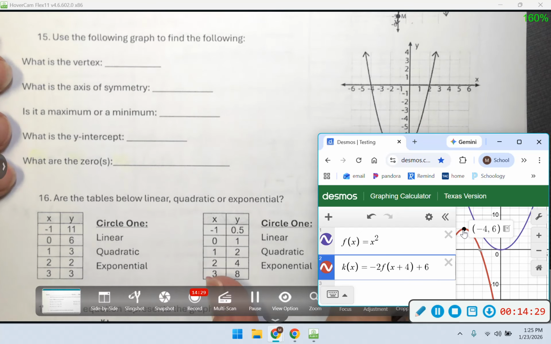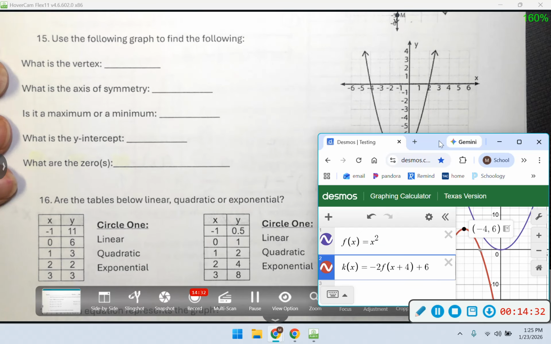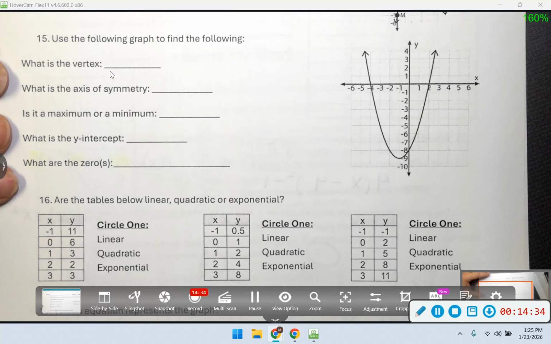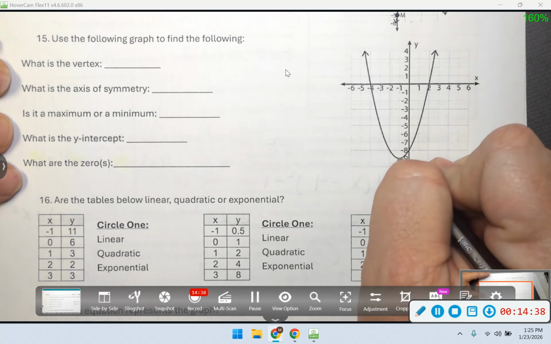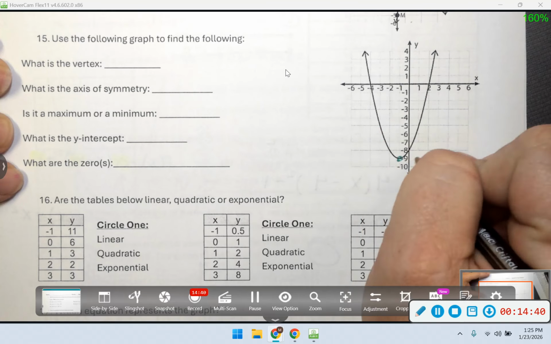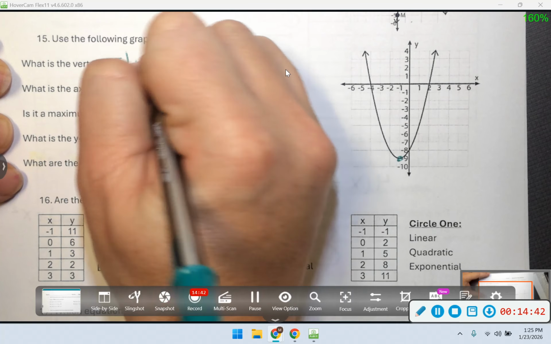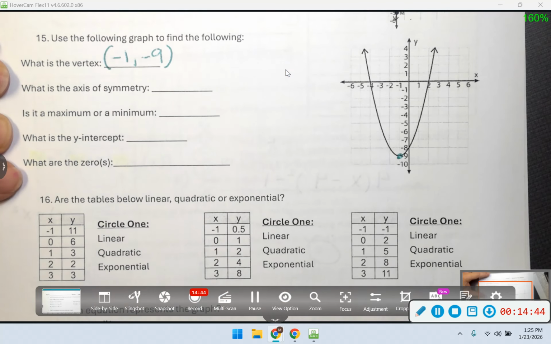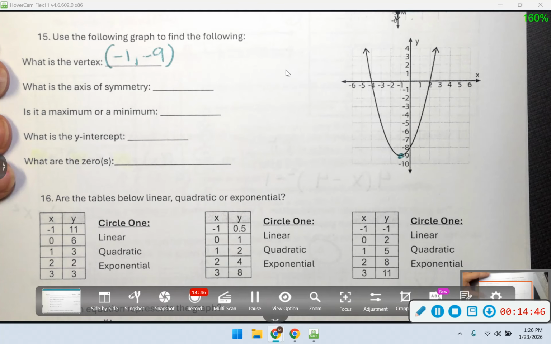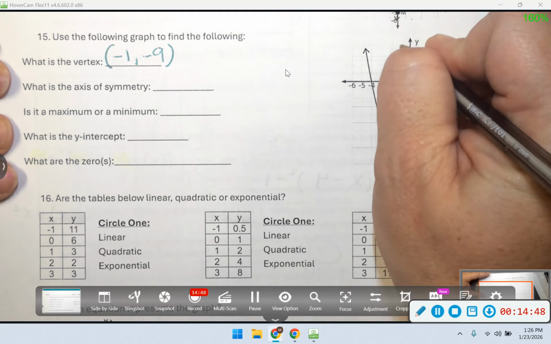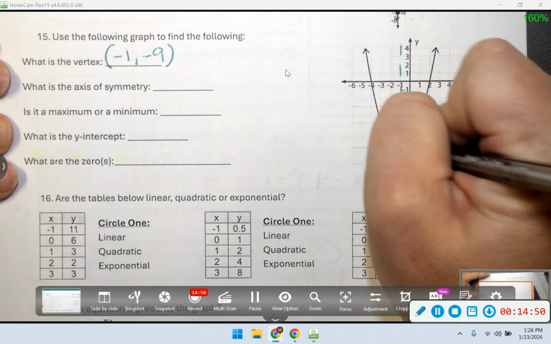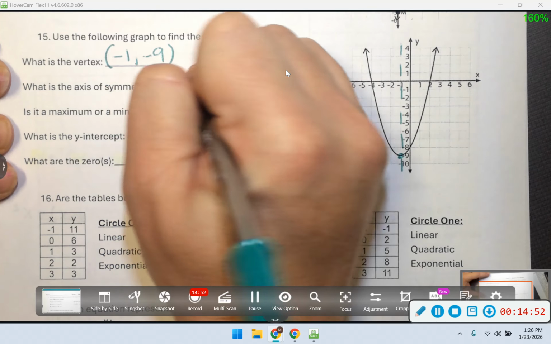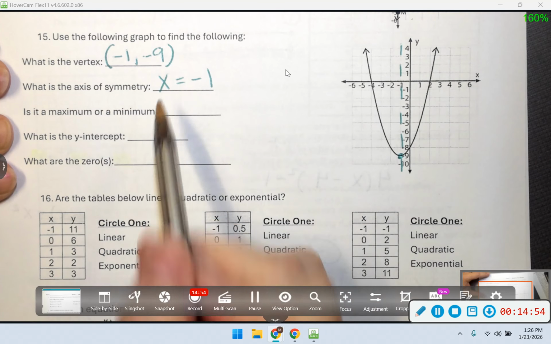Okay, 15 says use the following graph to find the following. So my vertex is going to be the point negative 1, negative 9. And do write it properly, parentheses, comma in the middle. Axis of symmetry is where it cuts in half, which is always the x of my vertex. So x equals negative 1, and you have to write it as an equation.